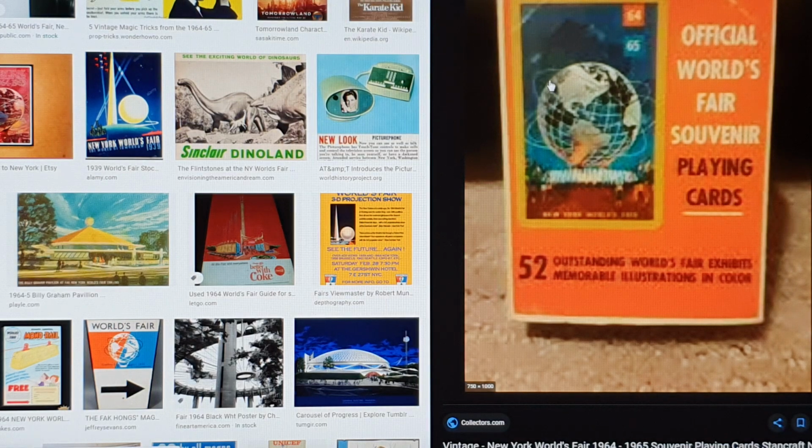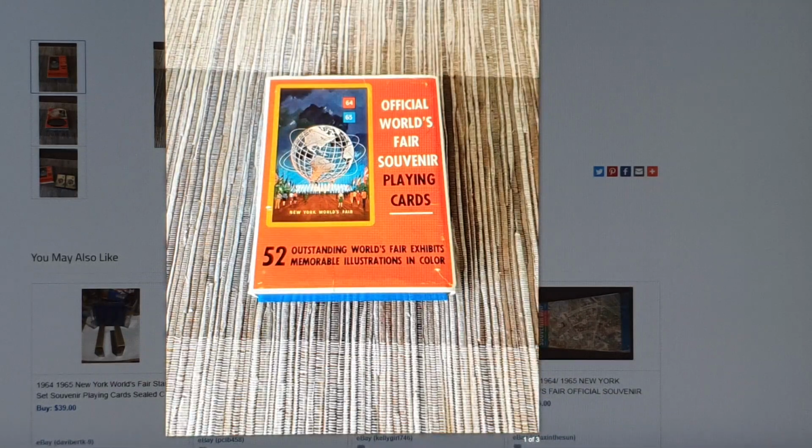Yeah, this is just a set of playing cards. The reason why I'm showing it is, again, it's got the Unisphere in it, and it's got the proper world. That's not a Mandela map.